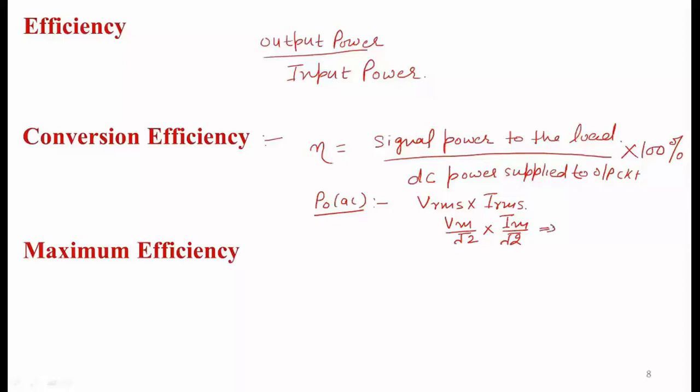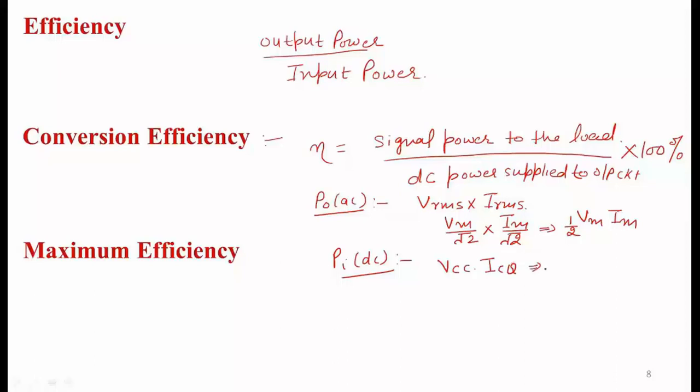Hence, 1 by 2 of Vm into Im is the AC power. Now the DC power, P_DC, that is the input power supplied by the battery, is equal to VCC into ICQ. This is the DC power supplied to the circuit.